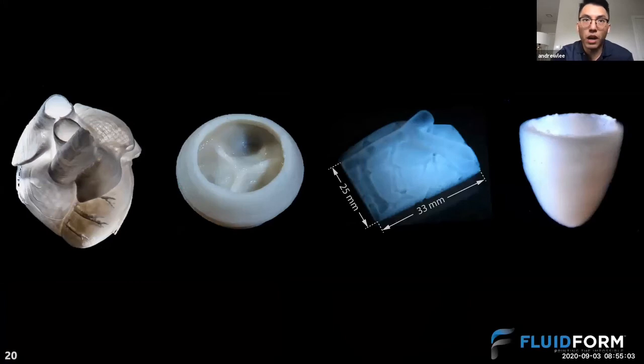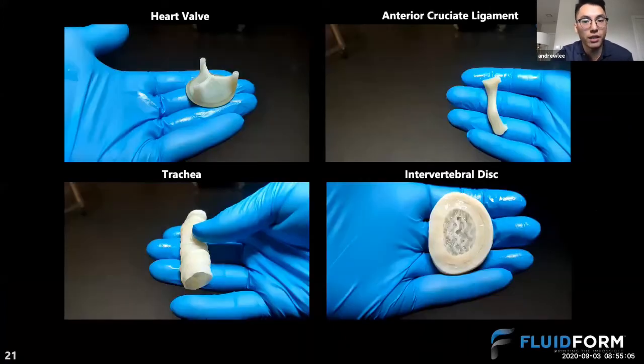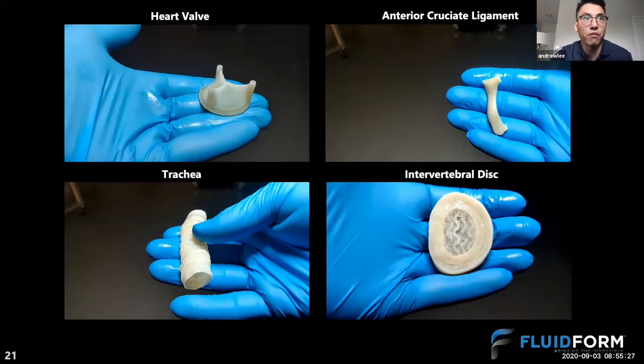And so I'll show you this next slide very quickly to highlight the work that we're now doing at FluidForm. We've taken this capability and printed some of the other structures that are more commonly found in injury and are very commonly used in medical devices. So heart valves, where there's been a large need for a long time, which we've shown before.